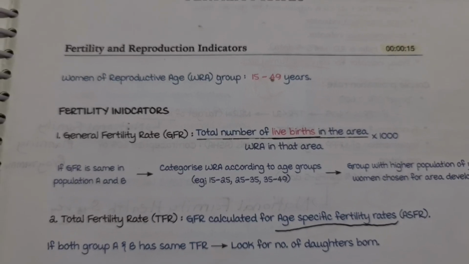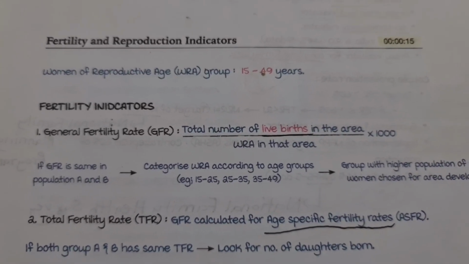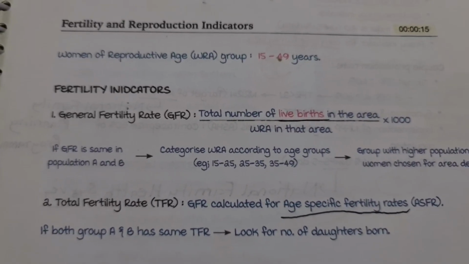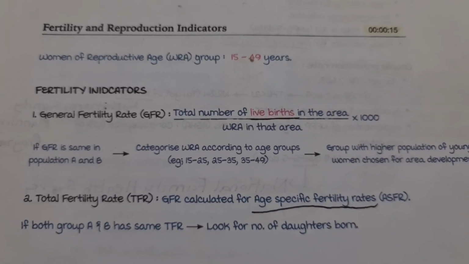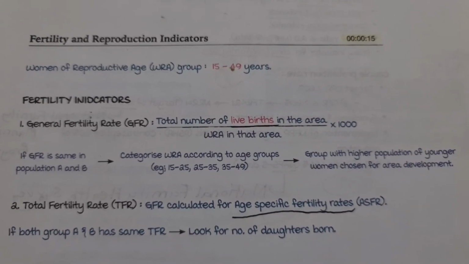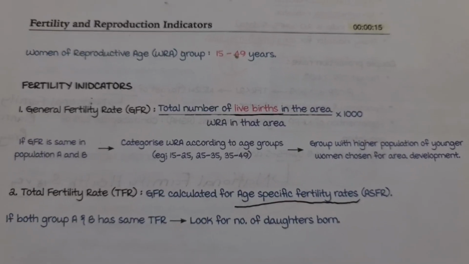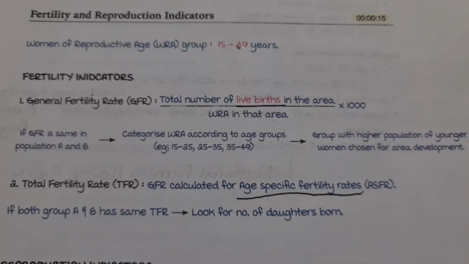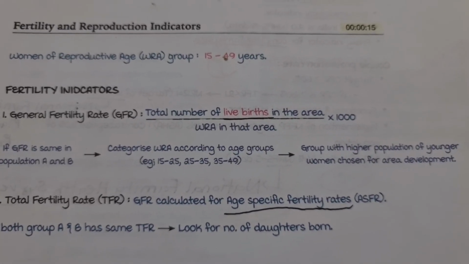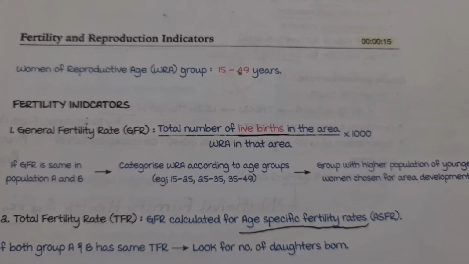The general fertility rate is the number of live births per thousand women of a reproductive age in a year. They have given one formula which is shown on the screen. The total number of live births. Live birth is the most important word in that formula. The total number of live births in the area divided by the women of a reproductive age in that area, multiplied by 1000.